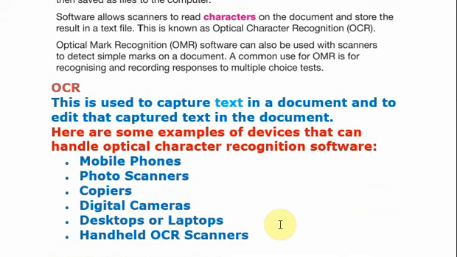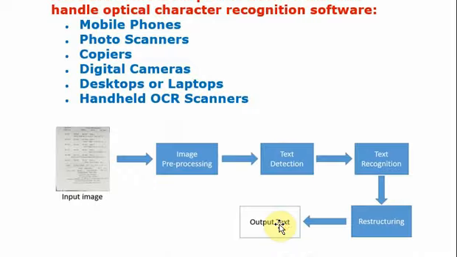There are plenty of devices. We can use compatible software and use those devices for OCR: mobile phones, photo scanners, copiers, digital cameras, even desktop or laptop computers. The particular device you can connect and use. This is the original text document.